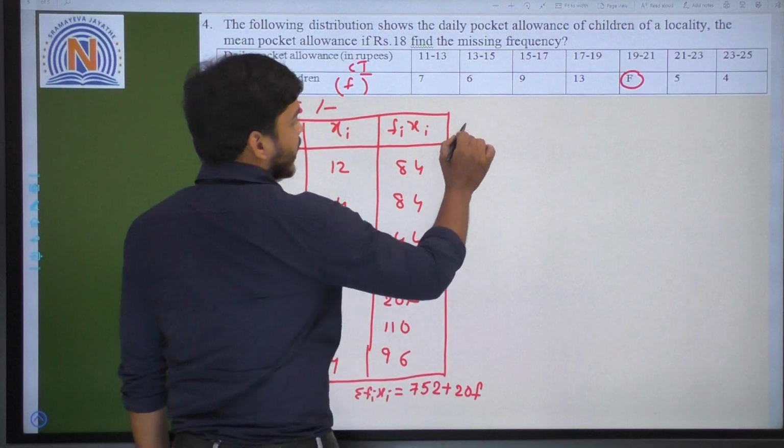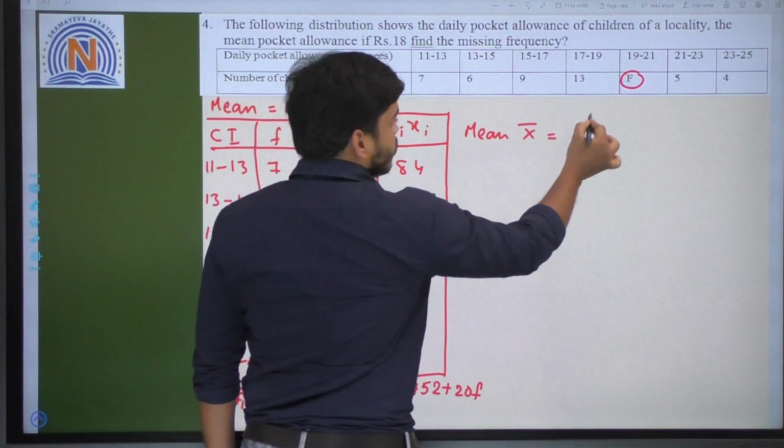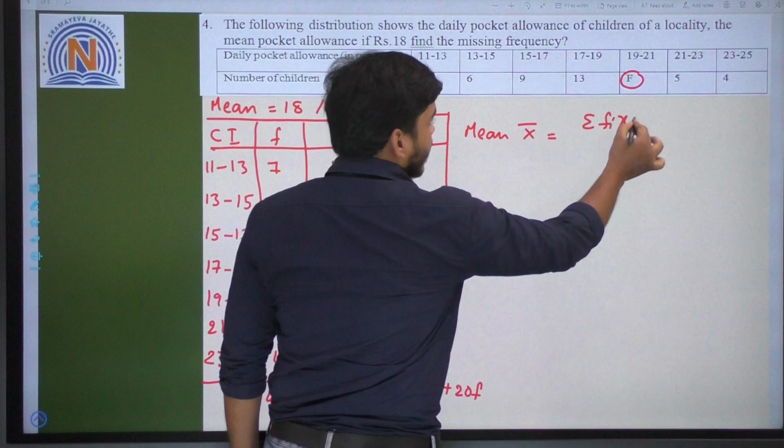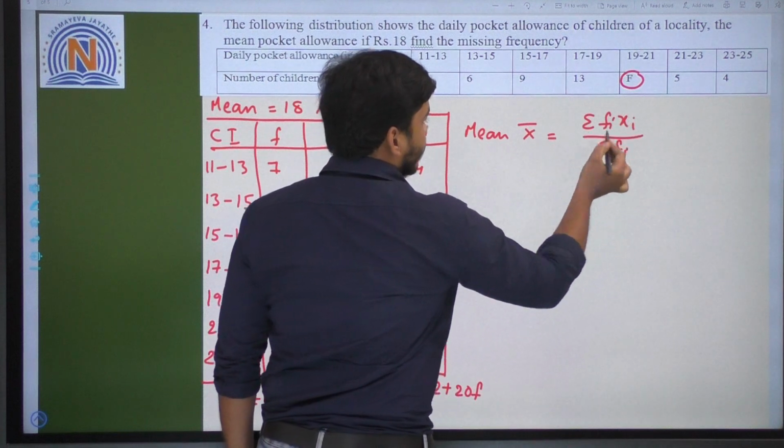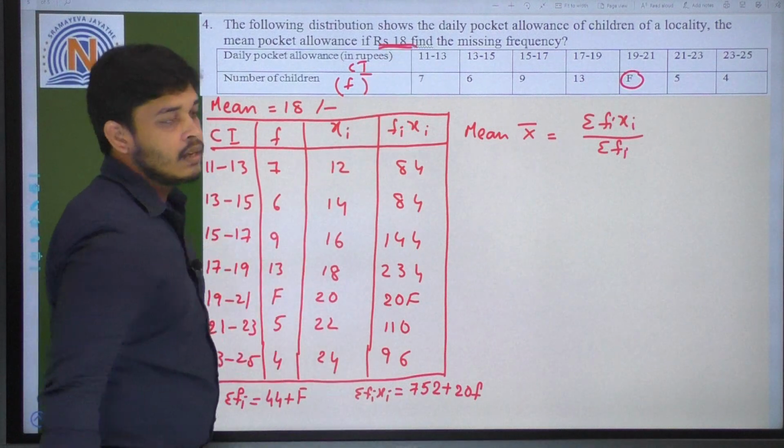Now by using the direct method, the mean x bar is equal to sigma fi xi by sigma fi. The mean is already given as 18 rupees.